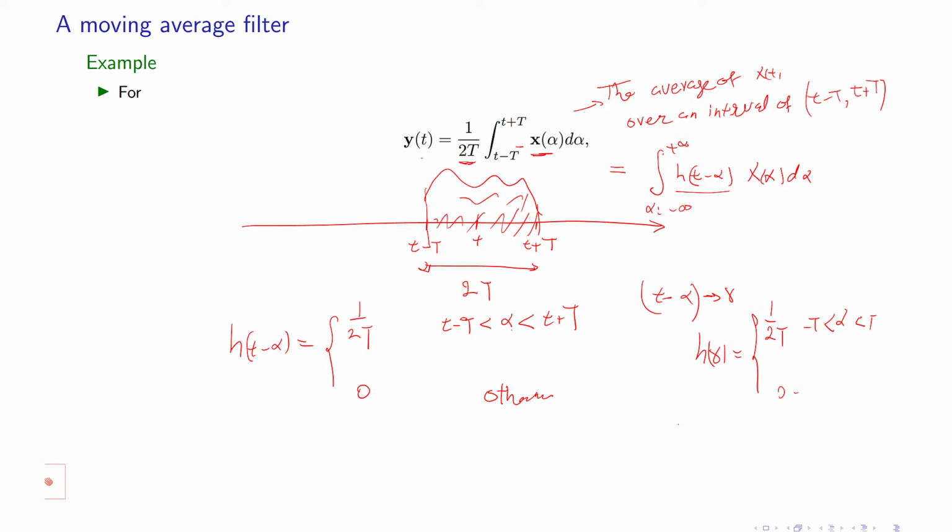If I plot the impulse response h of t, between minus T and T, it will become a rectangular pulse of height 1 over 2T. So this is called a moving average filter.